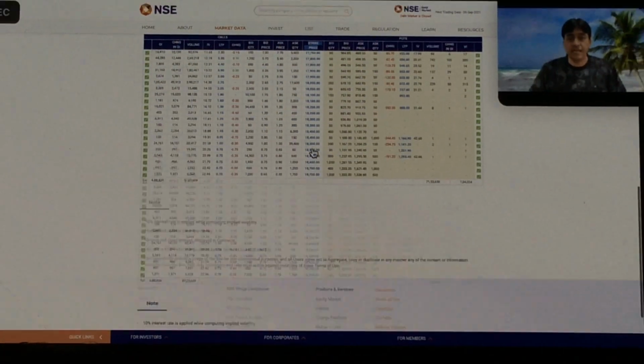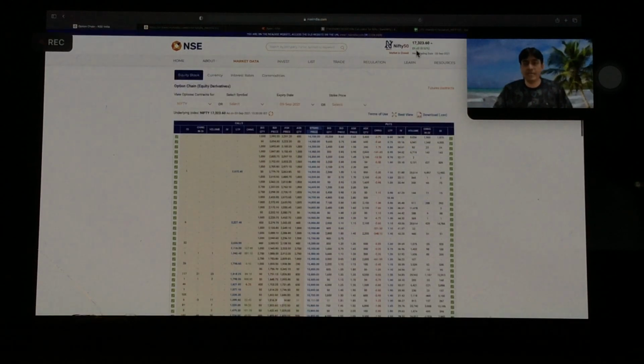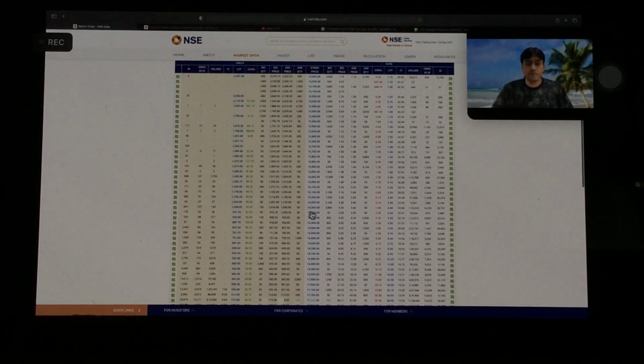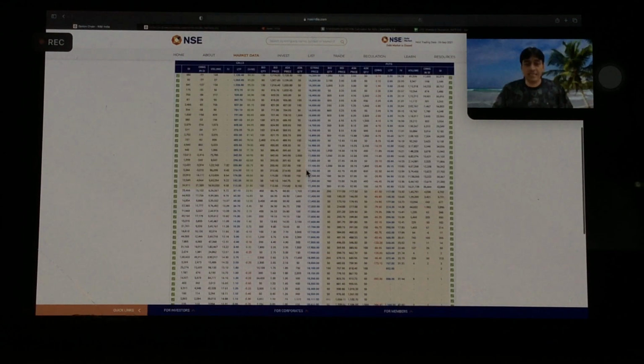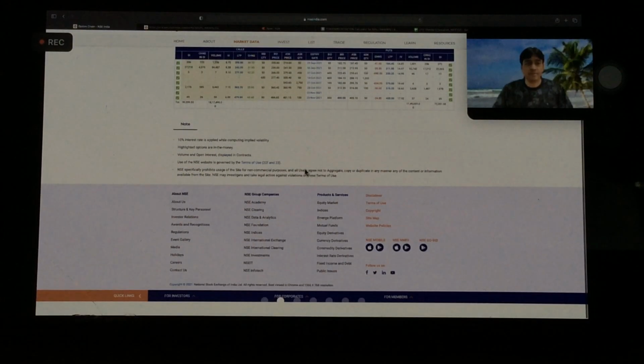So where is Nifty currently? 17,373. Right? Nifty is 17,373. So Nifty strikes are at every 50 points.